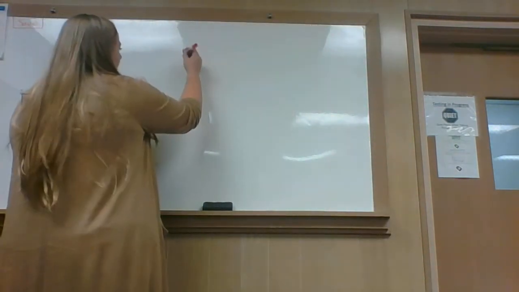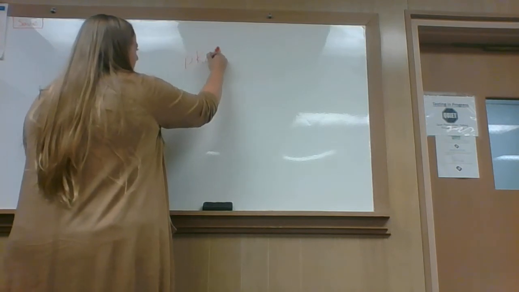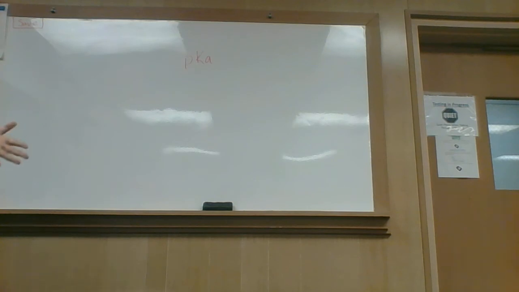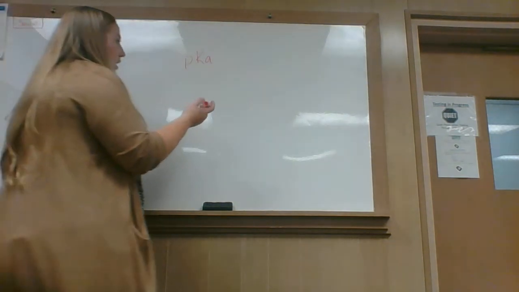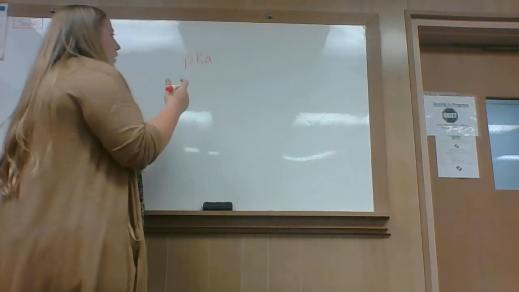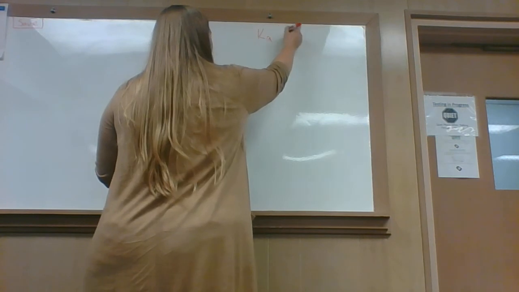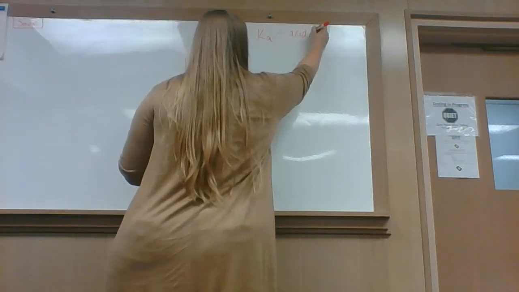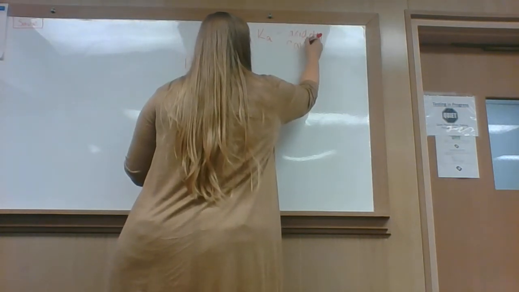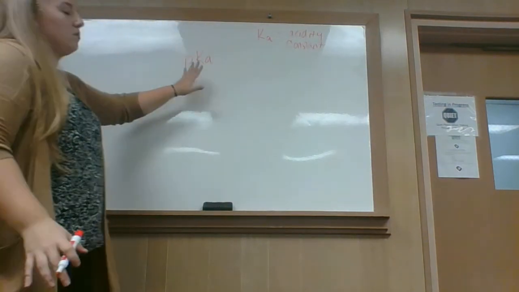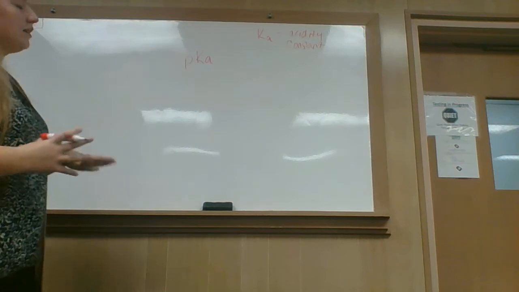Okay, pKa. A lot of people get hung up on what the definition of pKa is, and really it's related to Ka, which is the acidity constant. You take the negative log of Ka and you get your pKa. More importantly is what it means.